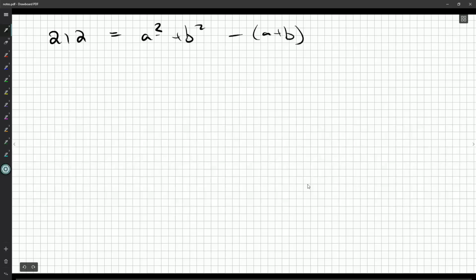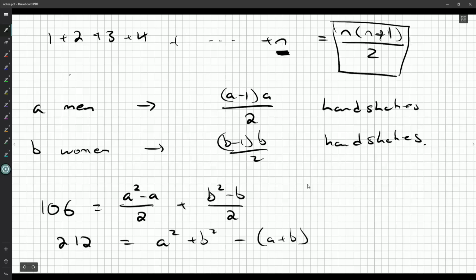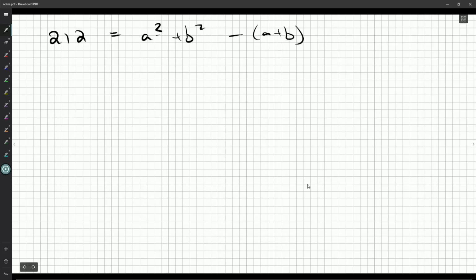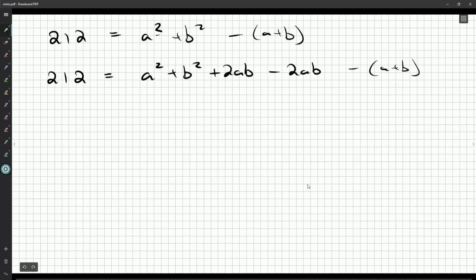Okay, well, this is looking somewhat similar to A plus B squared, but we've got this minus 2AB business kicking around. Well, I suppose we could change this to 212 is A squared plus B squared plus 2AB minus 2AB minus A plus B. Now, why am I doing that?